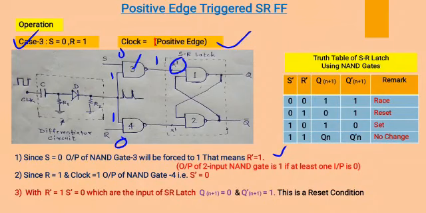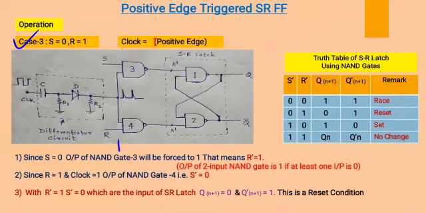I have written that over here. After that, to NAND gate 4, here the R input is 1. I have written a 0 by mistake. I will correct it. Wait a minute.